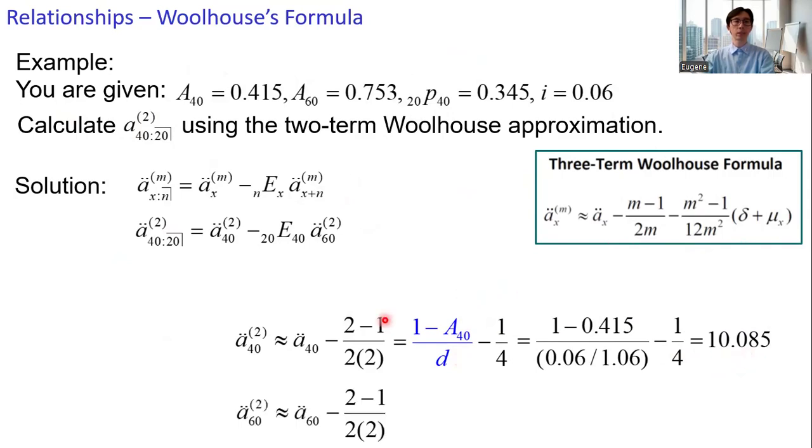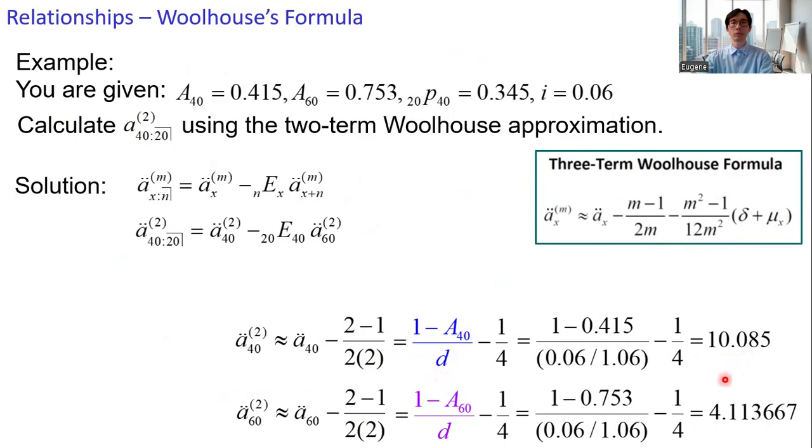And then A double dot 60, the annuity due, payable every 6 months. Again, A double dot 60 applies the relationship. We get the approximation 4.1136. And we can get 20E40.